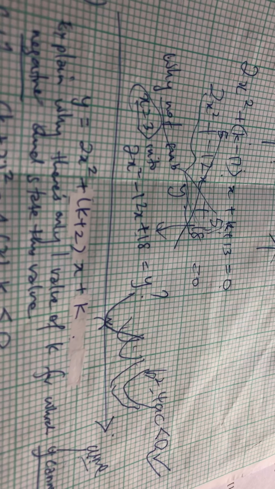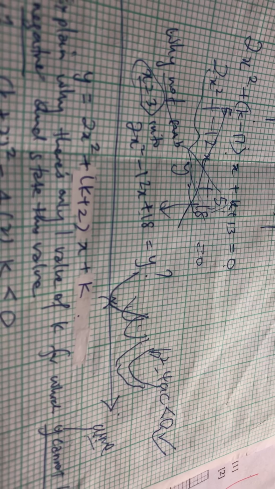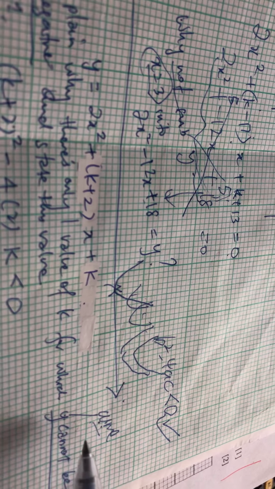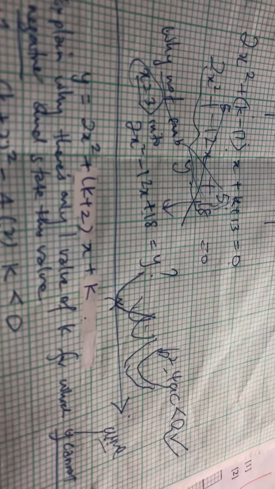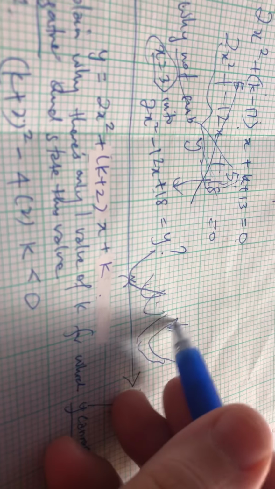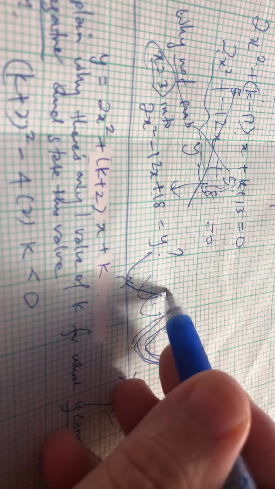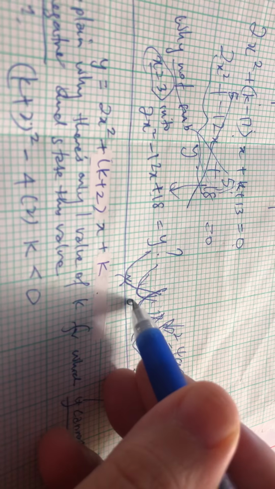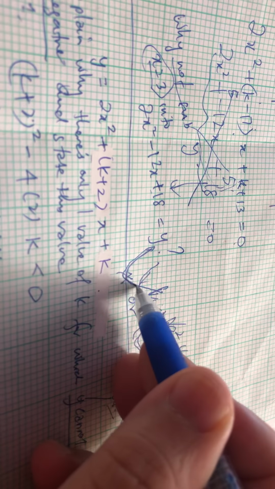The answer is yes, because 0 is a neutral number. It's neither negative nor positive. So when we say cannot be negative, 0 is included. So the curve can be totally above the x-axis, or it can be just touching the x-axis.